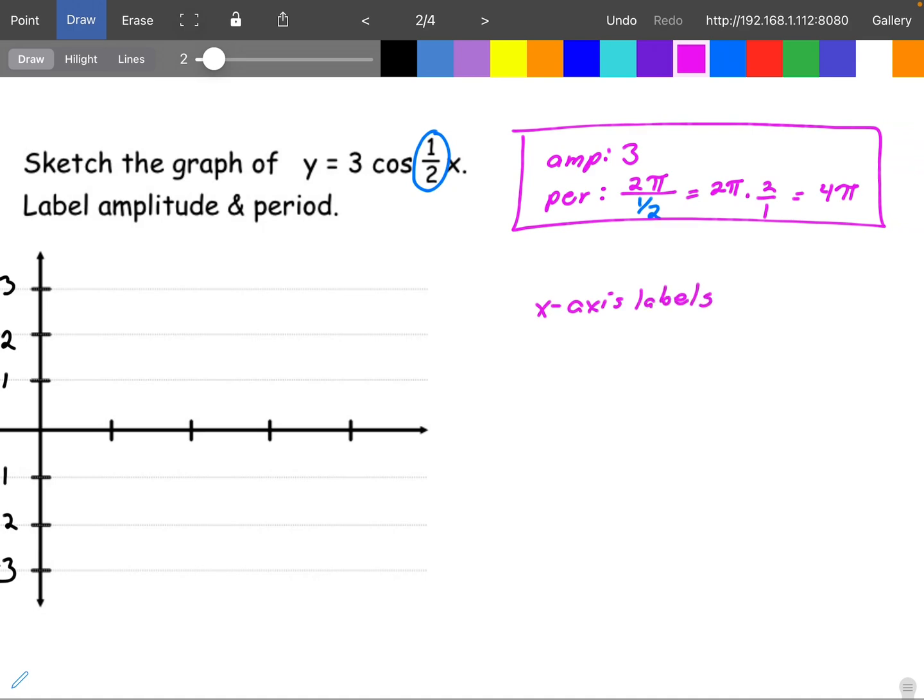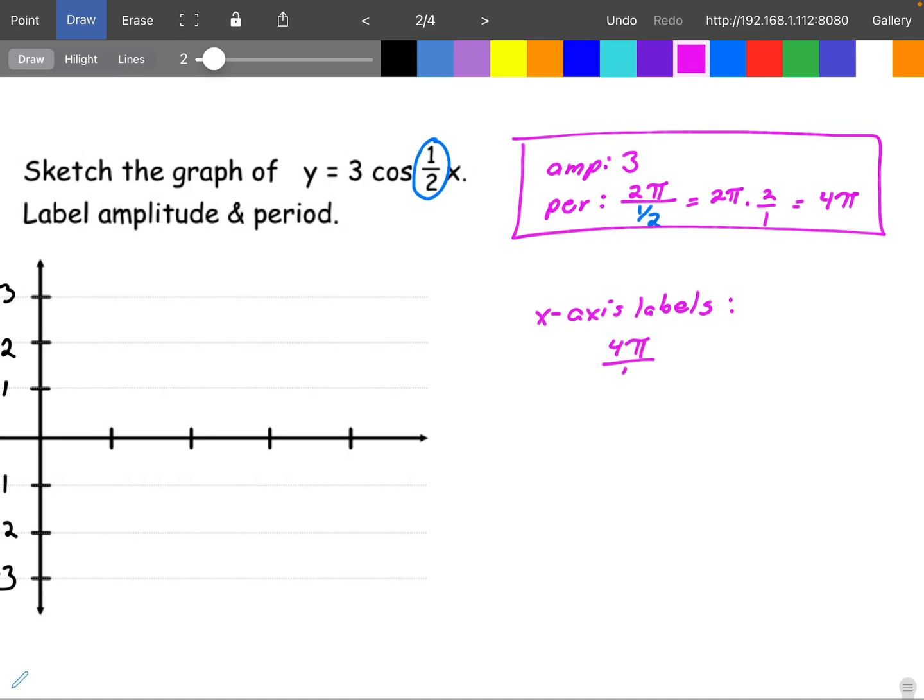Well, if the period is now 4 pi, then it's obviously being stretched. So it's not going to be pi over 2, pi, 3 pi over 2, and 2 pi. It's going to be stretched out more. So the period for this graph should be 4 pi, and I need to divide that by 4 because I have 4 marks that I need to label.